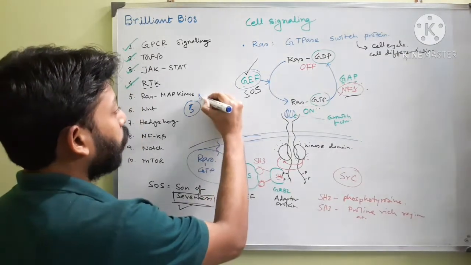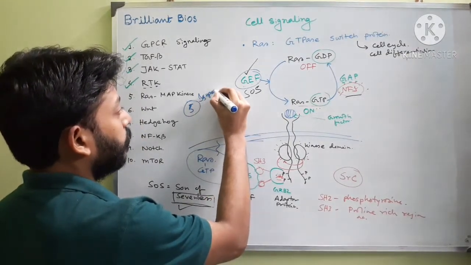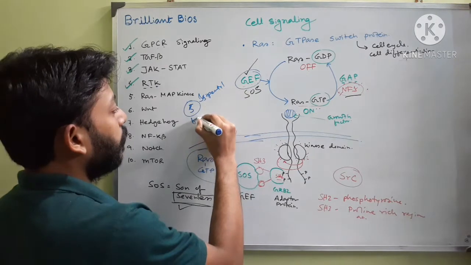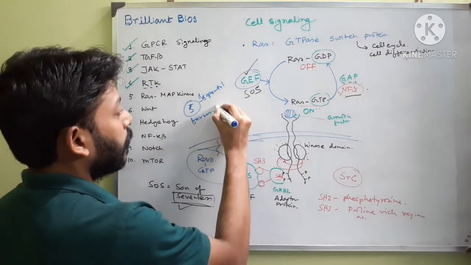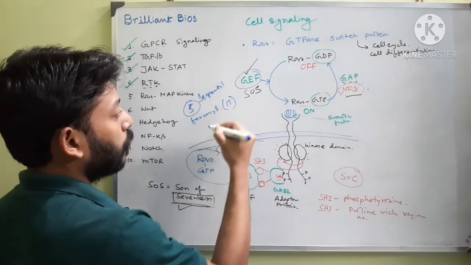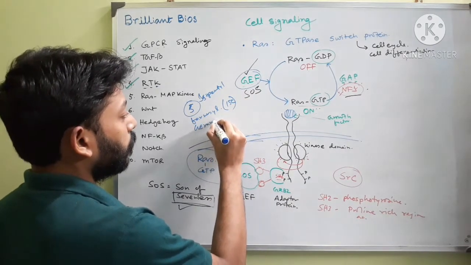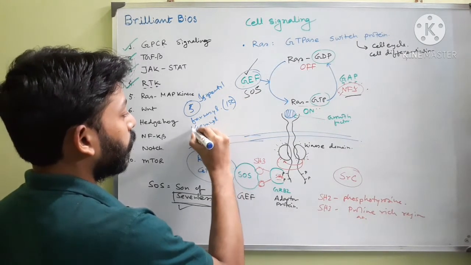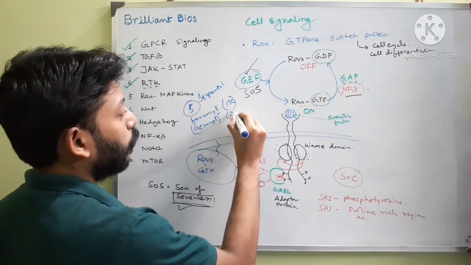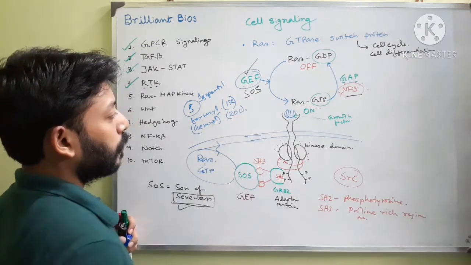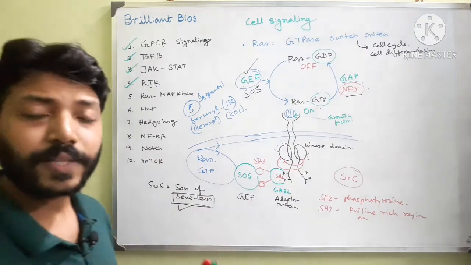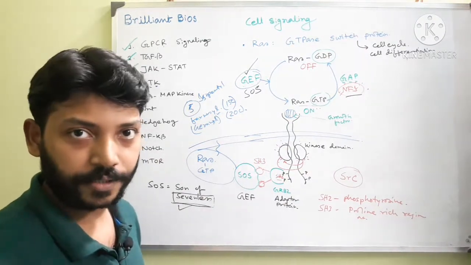This is called isopentyl. Now farnesyl is actually a 15 carbon molecule, and geranyl actually has 20 carbon. It looks like fatty acid, but it is not fatty acid.